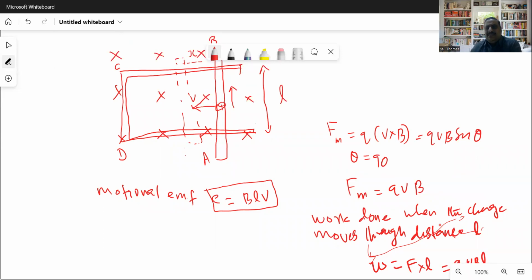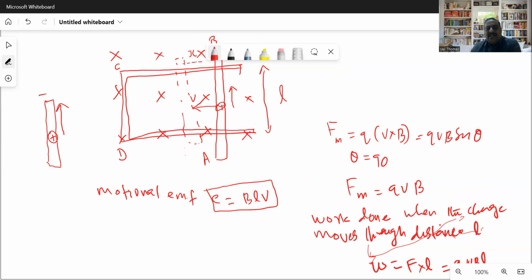Listen, I am drawing the conductor AB separately, here on the left side. So this was the positive charge. And I explained you, when the conductor is moving towards left, the charge experiences a force upward. So positive charge moves up.